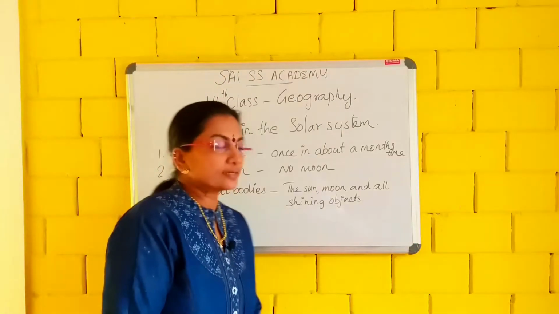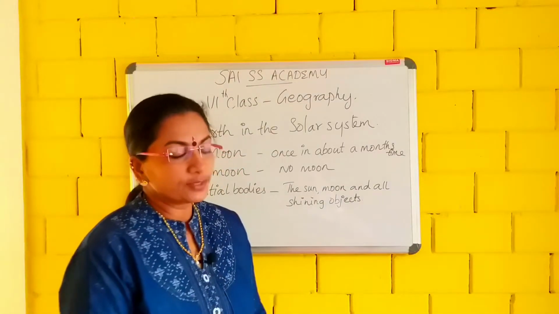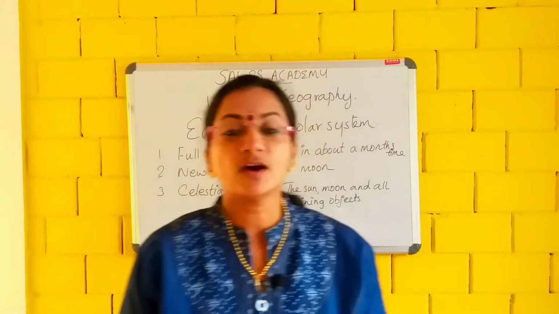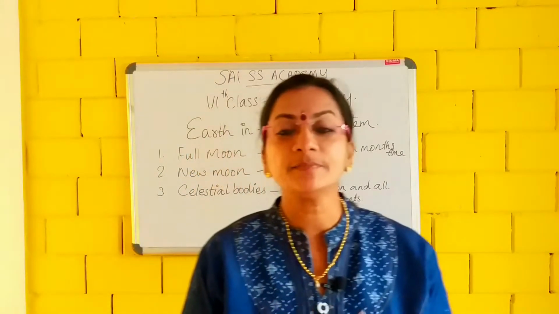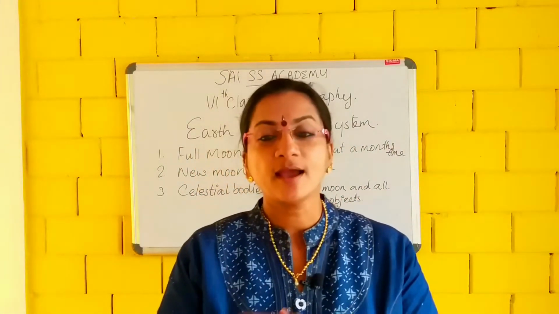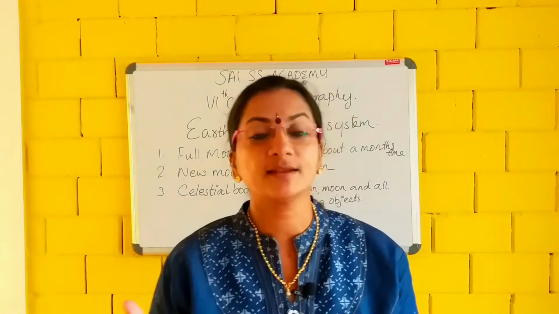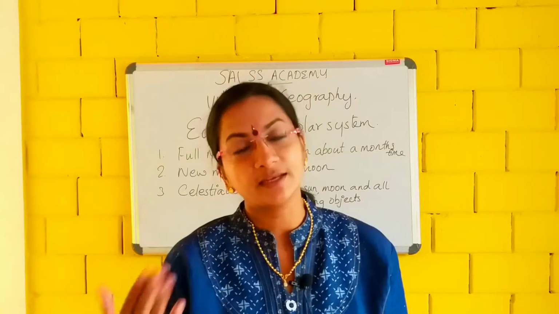Okay children, we can start with our chapter, Earth in the Solar System. It is very wonderful to watch the sky after sunset. If we watch for a long time, we can see shining things in the sky. And if you sit for a long time, we can see the number increasing too, isn't it? And we cannot count them anymore.